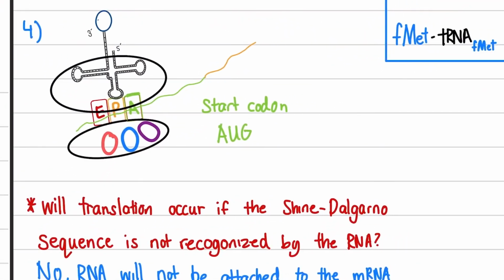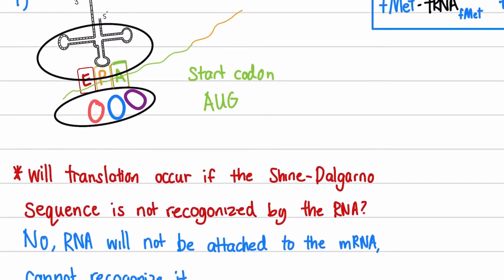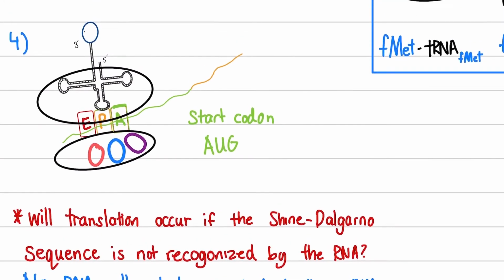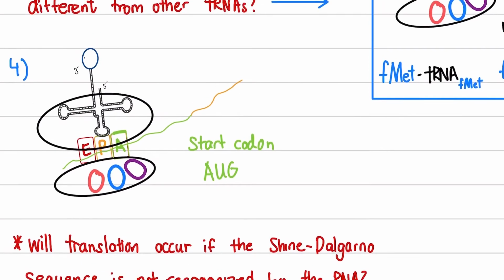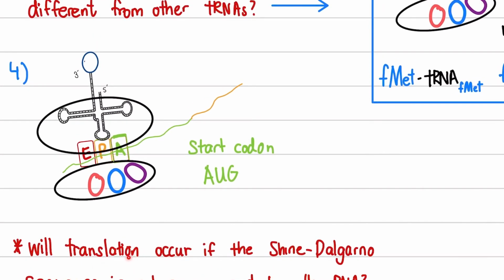So the next thing we want to talk about is the start codon. The start codon is the AUG. And now our mRNA is going to have the AUG on it. The AUG is essentially indicating that this is where translation has to start. So we have talked about the Shine-Dalgarno sequence a while ago, and a question to ask is, will translation occur if the Shine-Dalgarno sequence is not recognized by the ribosomal RNA?